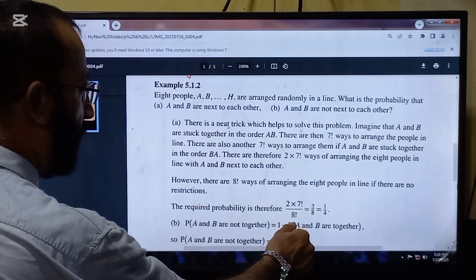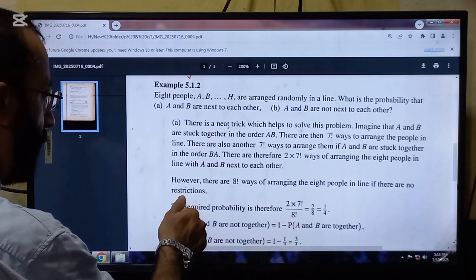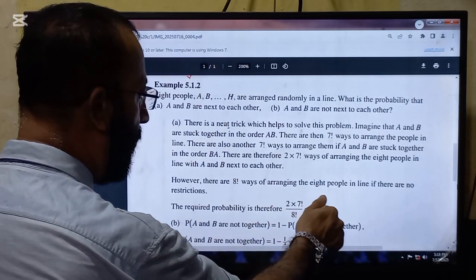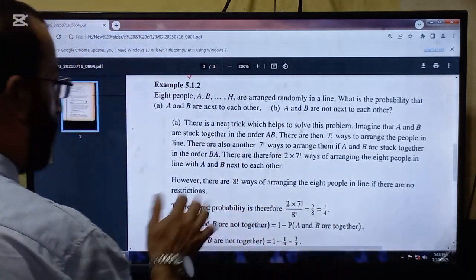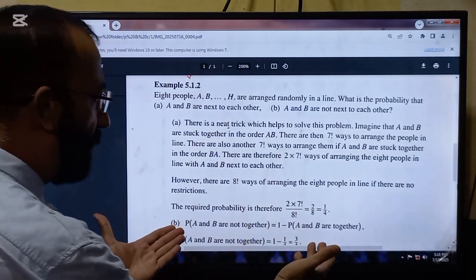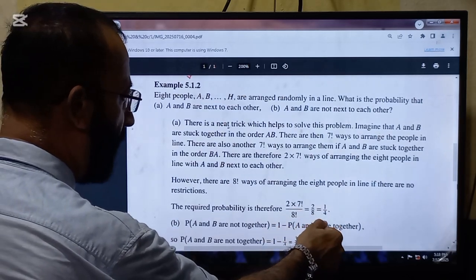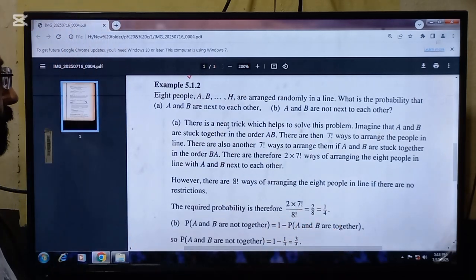Okay, the final thing is very easy. Now you will solve it on the calculator and you will get the answer 1/4.